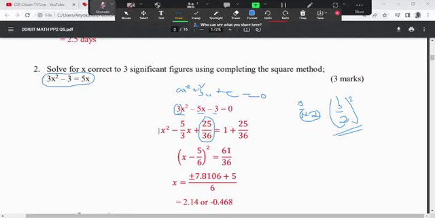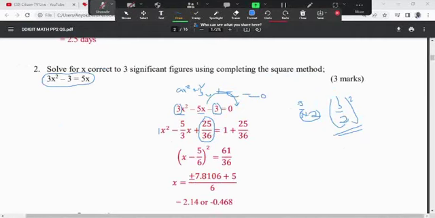Is equal to 1, because we divided 3 by 3, we get 1, and we took the other side, it became a positive. So we add both sides 25 over 36, 25 over 36.